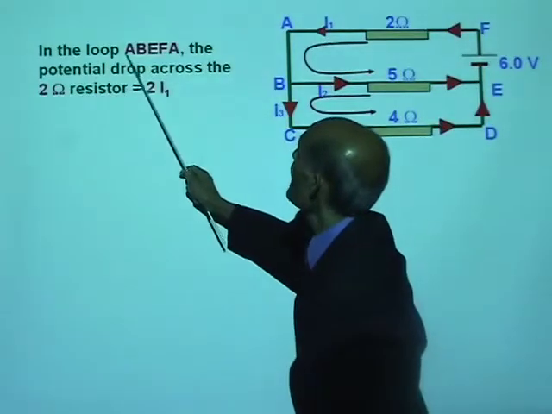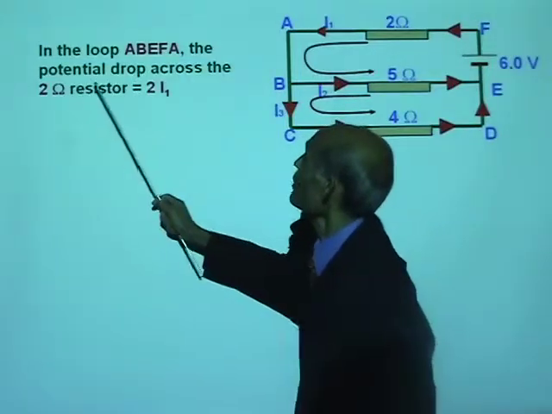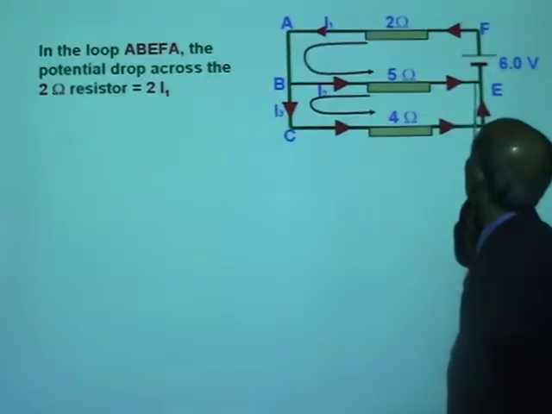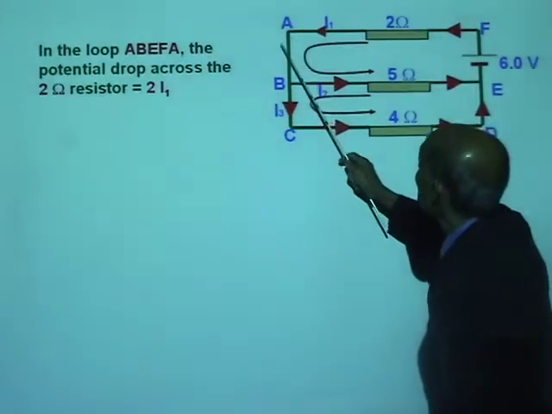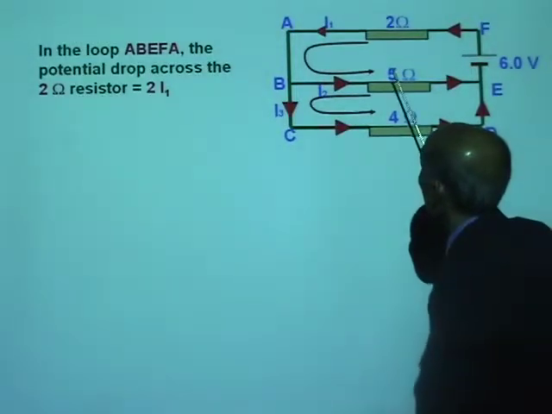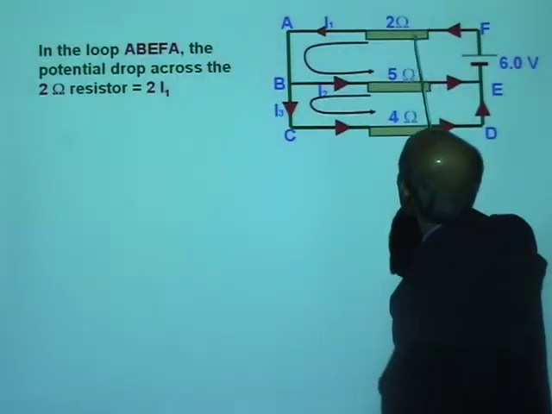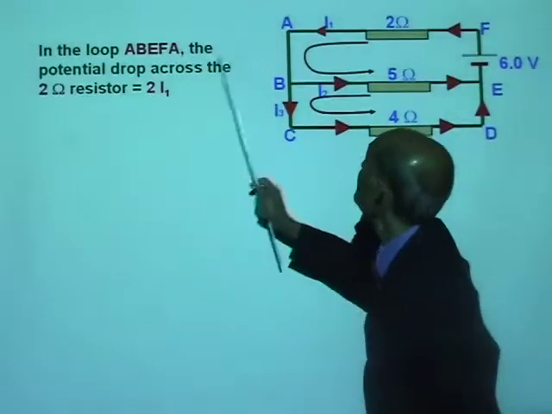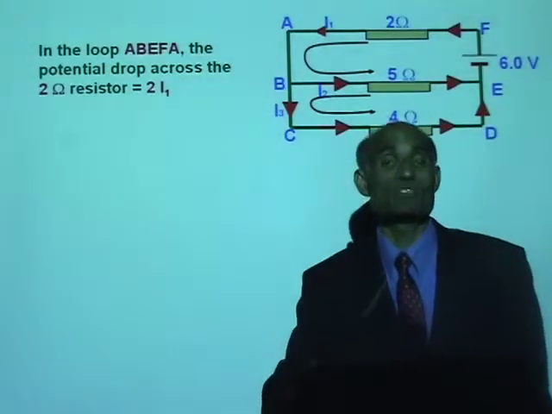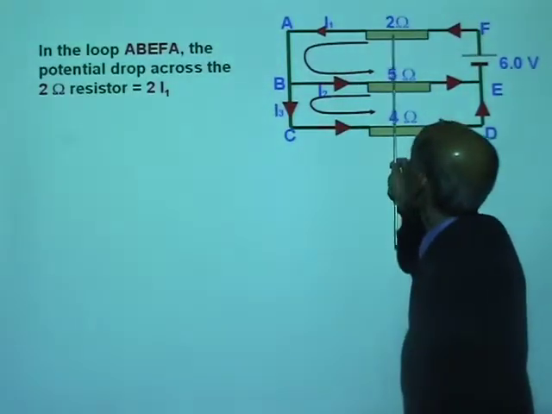Now, in the loop A, B, E, F, A, the potential drop across the 2 ohm resistor, look at this, the loop is traced out in the same direction as the current. So the potential drop in the 2 ohm resistor is 2I1. Potential drop is Ri, resistance times the current, so 2I1 is the potential drop across the 2 ohm.